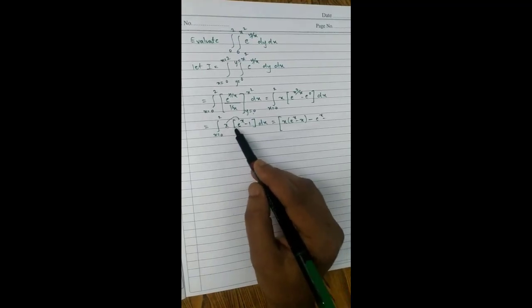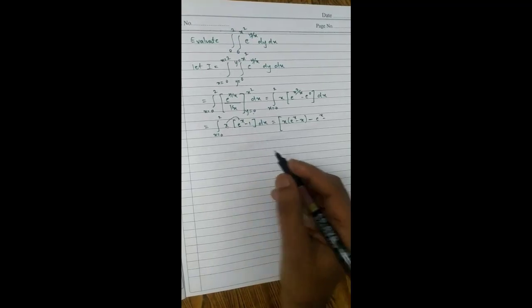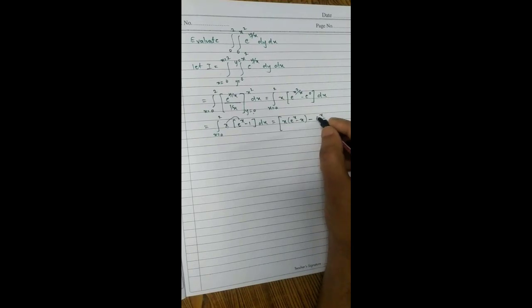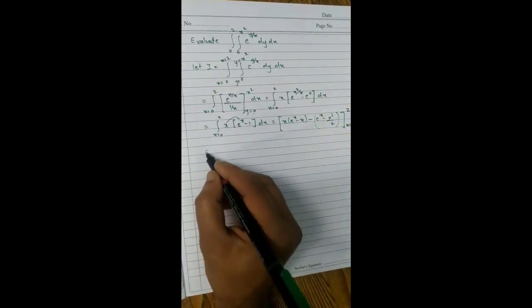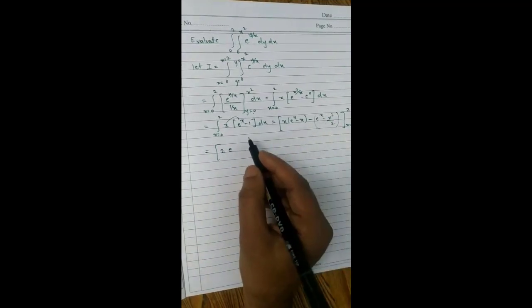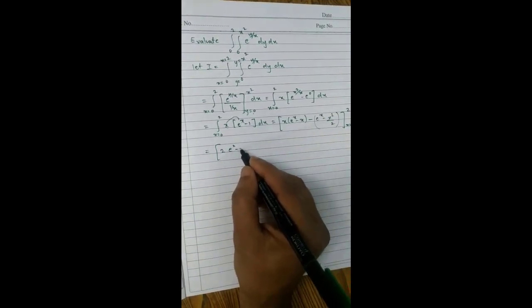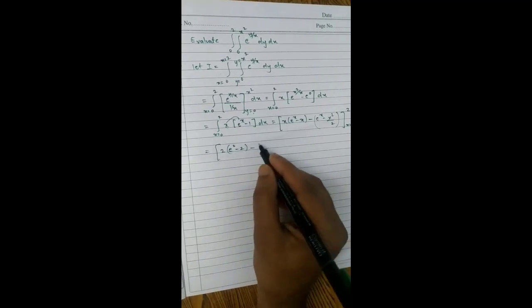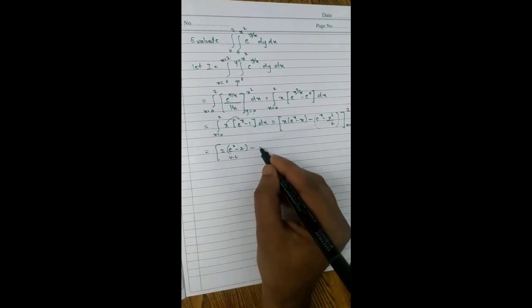After evaluating this, you get e raised to x minus 1, that is x square by 2, over the limit x equal to 0 to 2. So this will give me, for the upper limit, 2 e square minus 2, minus the lower limit.